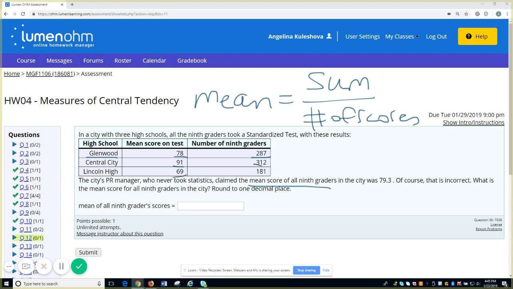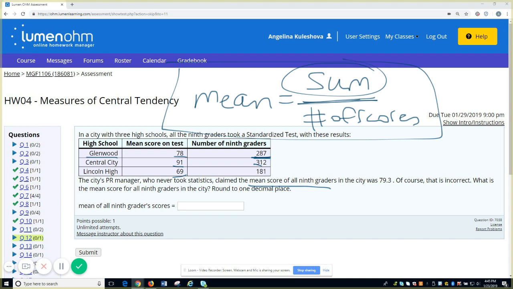We know how many people took the test, but we don't know what the sum of all the grades is. And so looking at this formula, if the mean is the sum divided by the number of scores, then to find the sum, you have to multiply the mean by the number of scores.